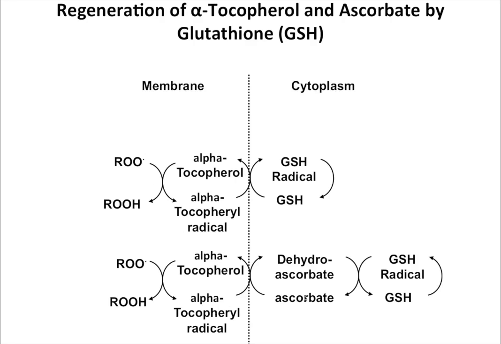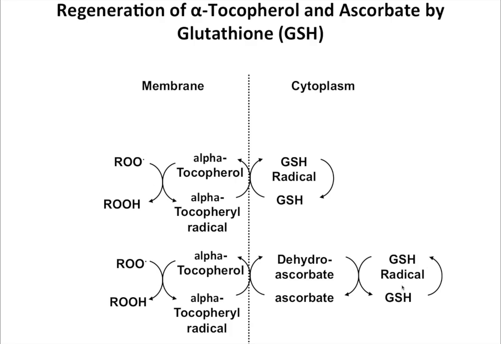And then you could have ascorbic acid or ascorbate react at the interface with the alpha tocopherol radical, to regenerate alpha tocopherol. This results in the formation of dehydroascorbate, which you saw on the previous slides. So this is sort of like a radical form of the L-ascorbic acid molecule.